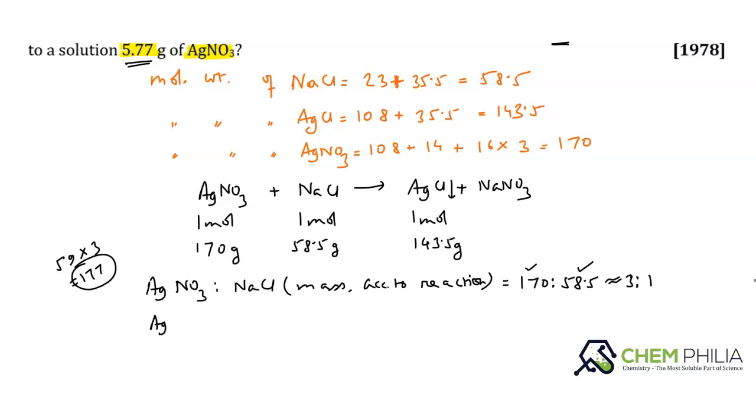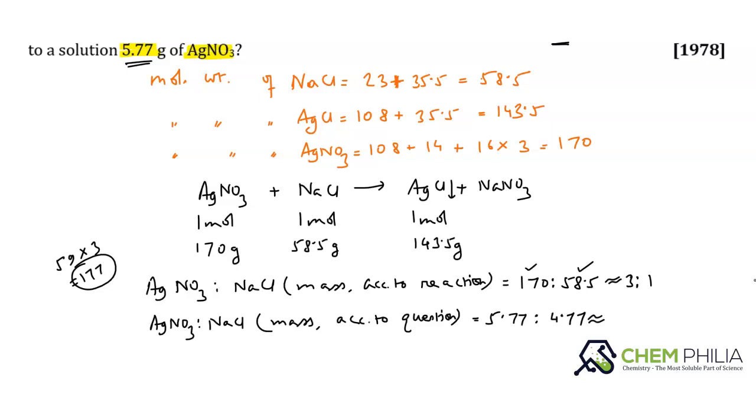And the same ratio, that again we will calculate. The same ratio means the ratio of masses of the same reagents, but this time according to the question. Now according to the question, how much AgNO3 is given? 5.77, and how much NaCl is given? 4.77, right?